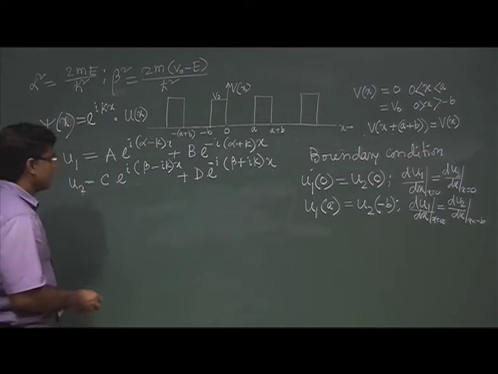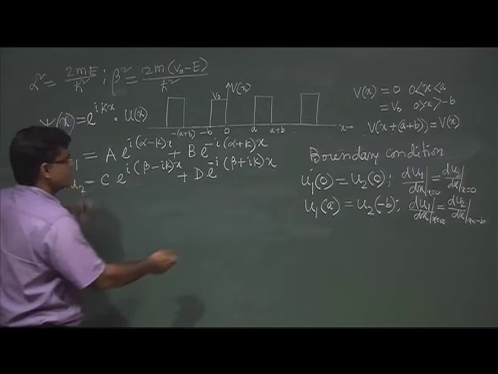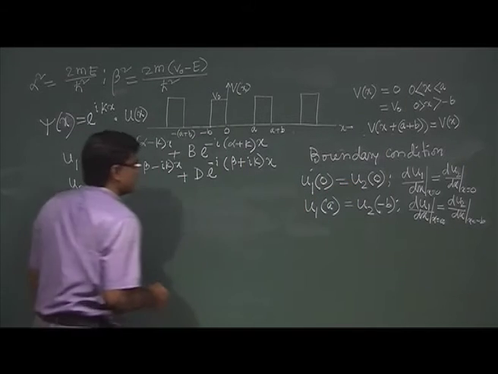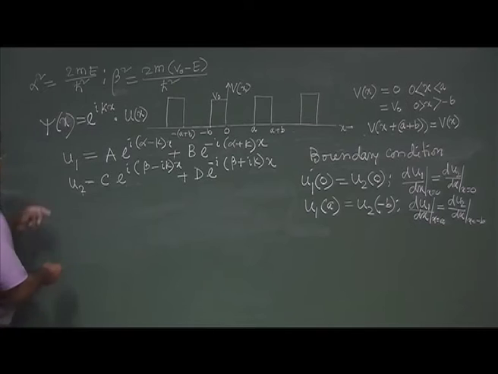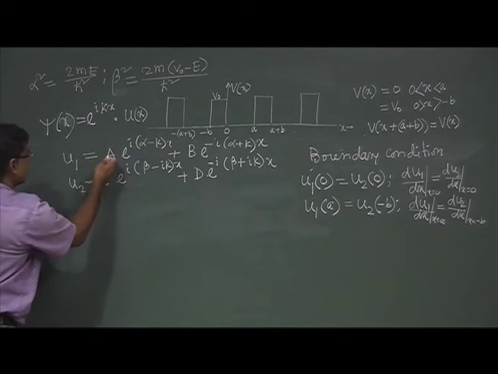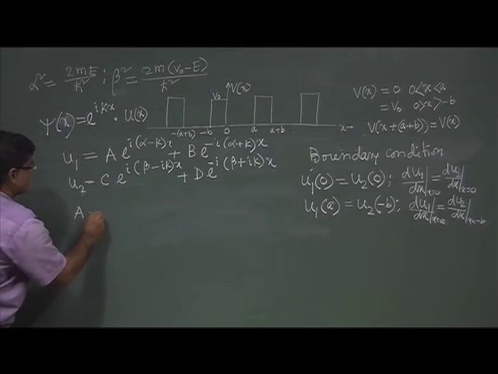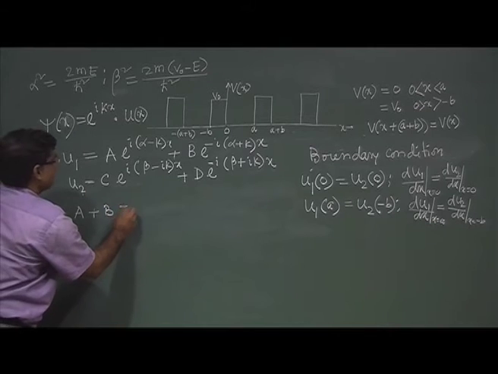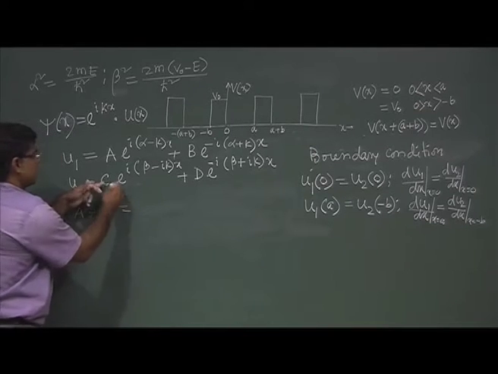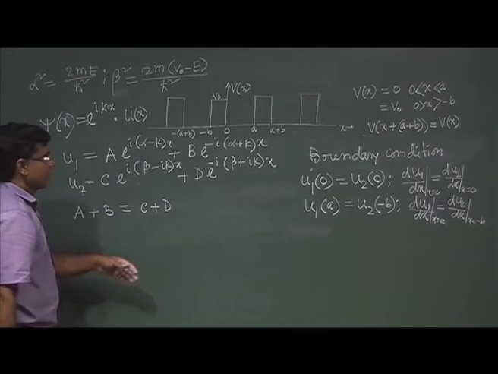So, if I apply the boundary condition, what will you get? So, u1(0) equal to u2(0), where x equal to 0. If I put x equal to 0, this will give a plus b equal to c plus d, right.